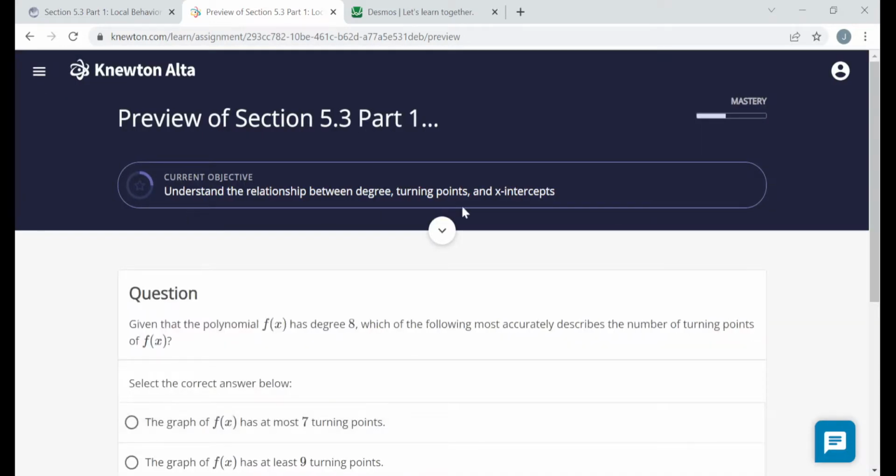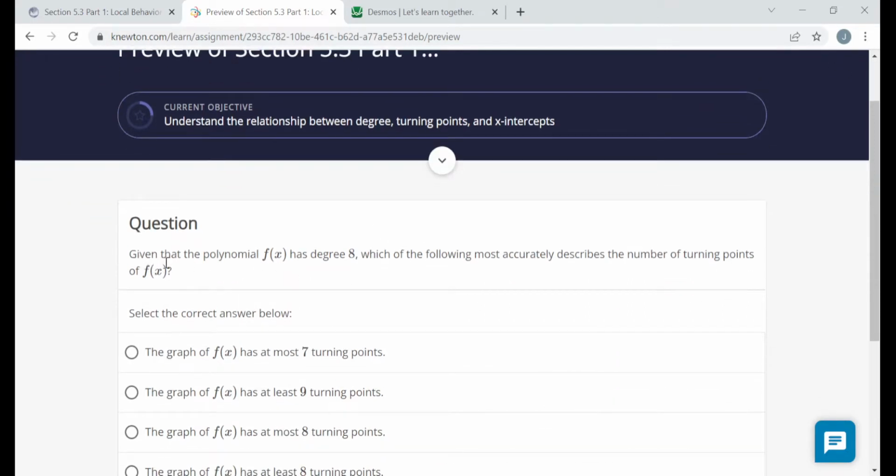It's the same objective, talking about turning points. So given that a polynomial has degree 8, which of the following most accurately describes the number of turning points of that polynomial? If you were to graph, how many turning points could it possibly have?